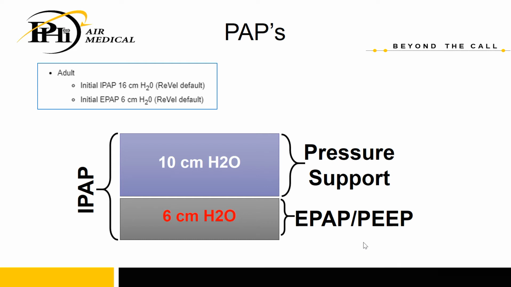That's the support that they are getting on inspiration that is going to increase their tidal volume and increase their ventilation. So a delta of 10 is pretty good for most of our patients, and many of our patients will not need more than that. Some would probably prefer to have a lot less than that. But it's a good starting point for a lot of our COPD patients.